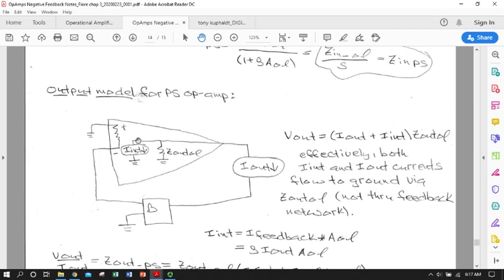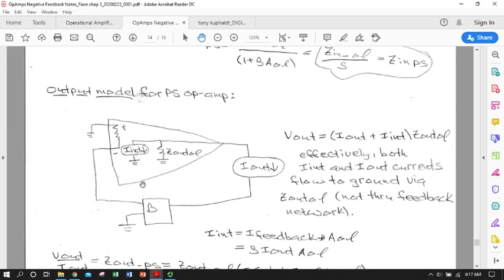We can use a similar current sourced model, and this is analogous to the series voltage source that we used when we derived the output impedance for the series parallel closed loop configuration. So this is basically the same kind of circuit model, except we use a current source and a parallel output resistor. This is totally equivalent, and so we use this to define an output current.